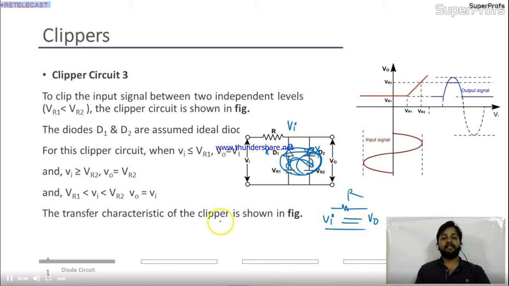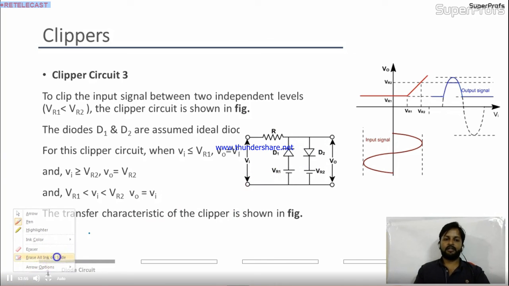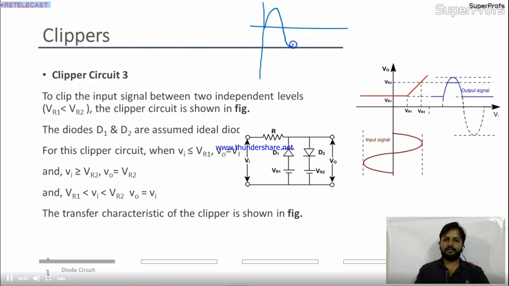So we are having three conditions when you are using two parallel branches having diodes and reference voltage in this way. Now we will draw the output waveform. Here, this is the input, let's take it Vi, and Vi equals Vm sin omega t.